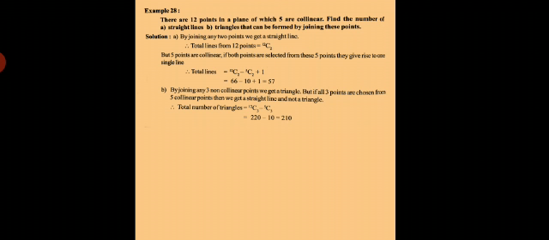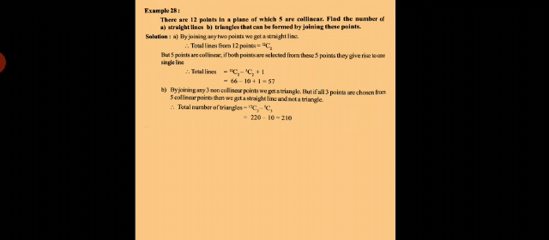Now using the formula nCr, you can find 12C2, you get 66 minus 10 plus 1, which is equal to 57. Similarly, second one, B: by joining any 3 non-collinear points, we get a triangle. But if all 3 points are chosen from the 5 collinear points, then we get a straight line, not a triangle.